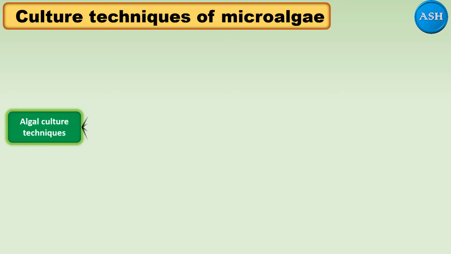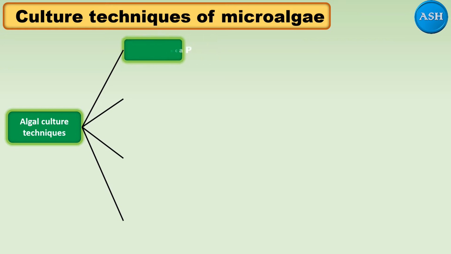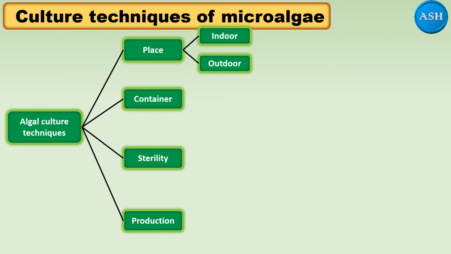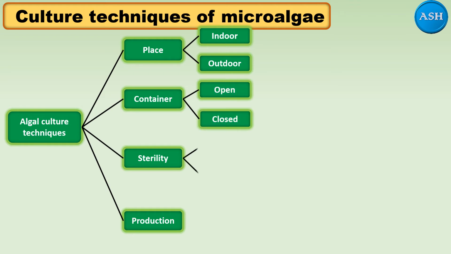Algae culture techniques can be divided in 4 different ways: based on place, based on container, based on sterility, based on production. Based on place, it can be divided into two types, indoor and outdoor. Based on container, it can be divided into open and closed culture.